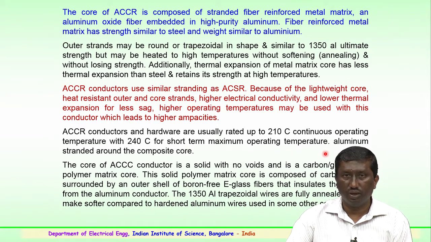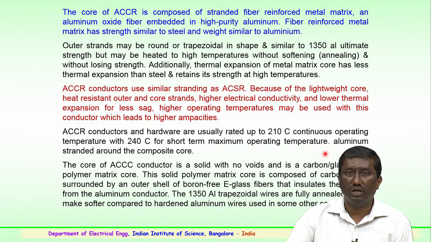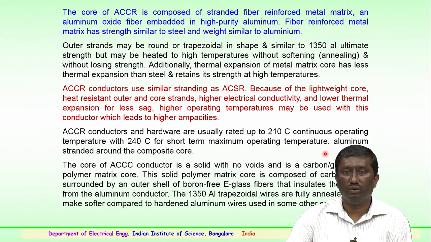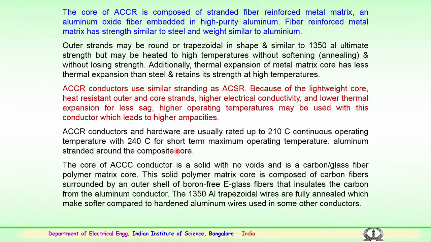The earlier ACSR conductors normally operate anywhere between 90 to 110 degrees. So, here the high temperature conductor operates anywhere between 210 to 240 degrees. This is very important, double the temperature. The current carrying capability also is twice or more than the aluminum strands around the composite core.